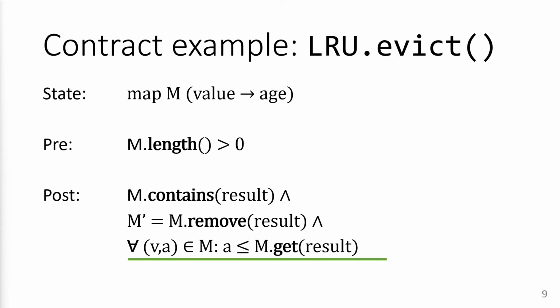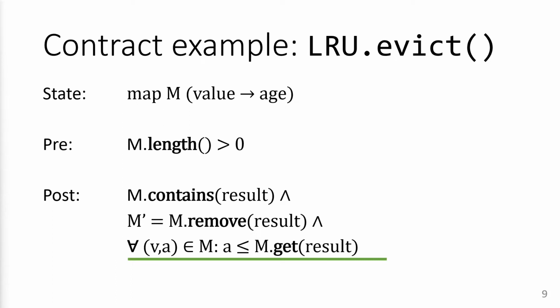We're going to say that for all of the values and ages in the map, the age is less than or equal to the age of the thing that we're evicting. That's the least recently used part. And the interesting part about this is that this contract does not actually tell you how to implement an LRU cache. Even if you had implementations of those map operations like length and contains and for all, you could not just execute them to obtain an LRU cache.